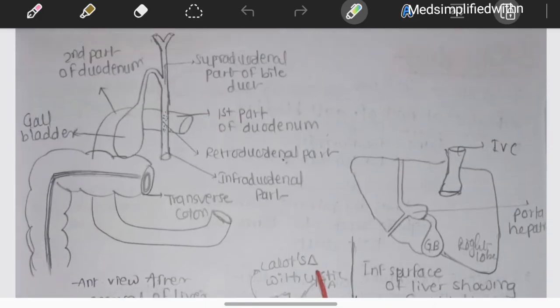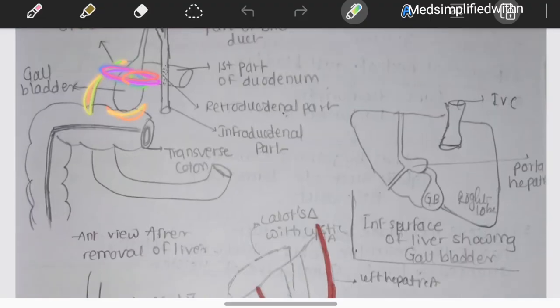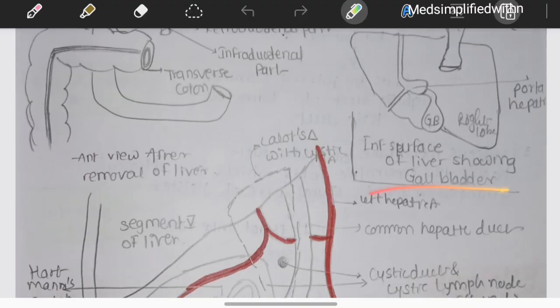Here are the relations of the gallbladder. Here is the first part of the duodenum. The second part of the duodenum is related to the body, and here the fundus is related to the transverse colon. Here is the same diagram like the porta hepatis. The right end of the porta hepatis starts at the gallbladder, and this is the fundus part.